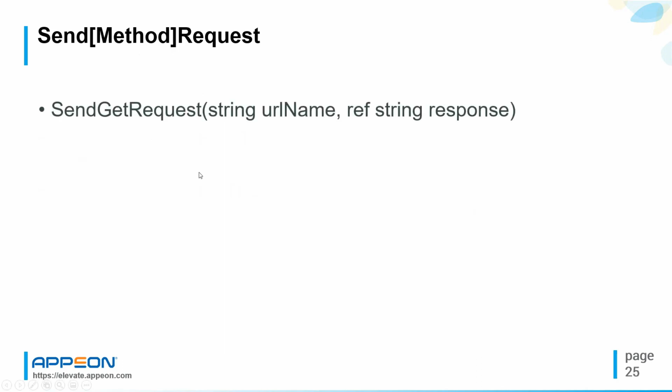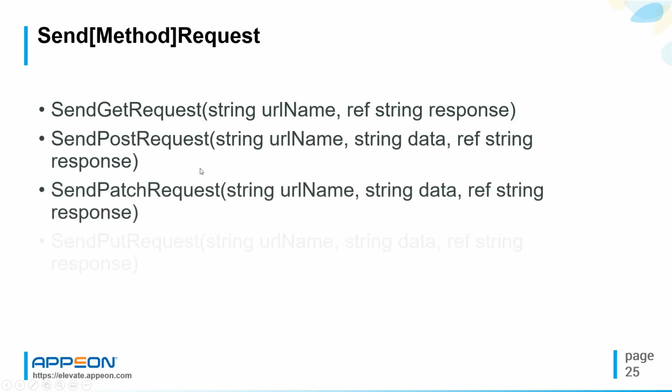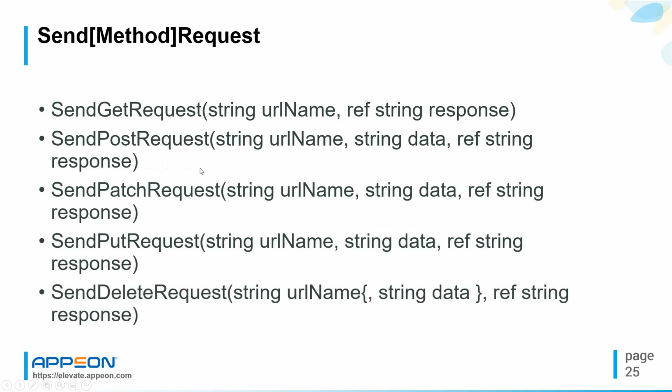So you have a SendGetRequest, a SendPostRequest, SendPatchRequest, SendPutRequest, and SendDeleteRequest. So that's pretty much most of the more common verbs being used. Notice that in a GET request, the only place you can send data is actually in the URL as query parameters.